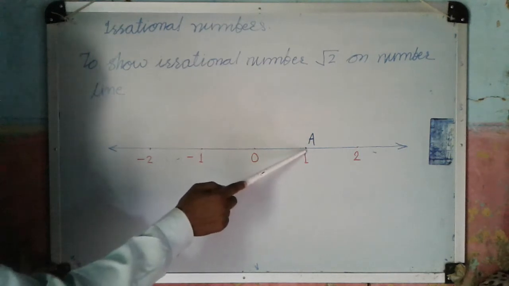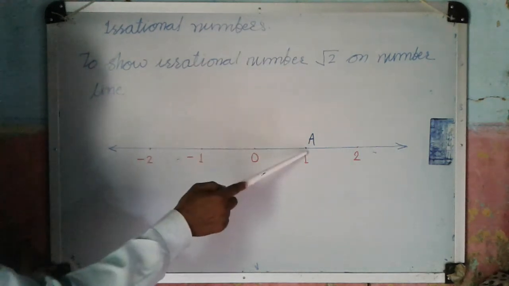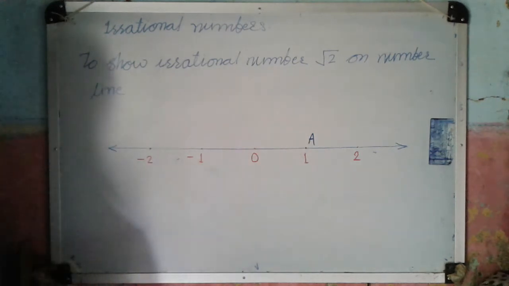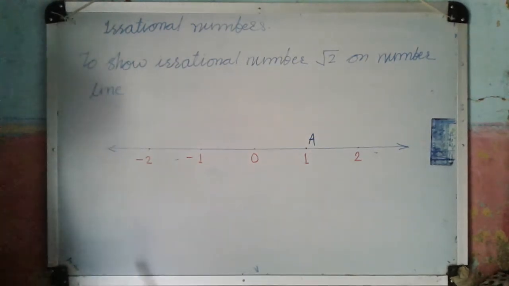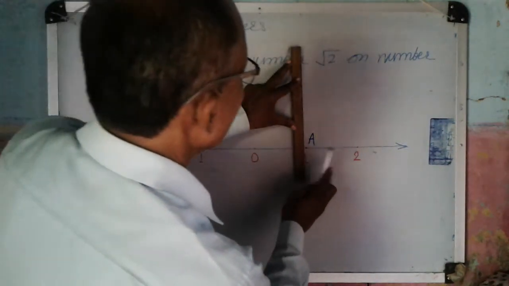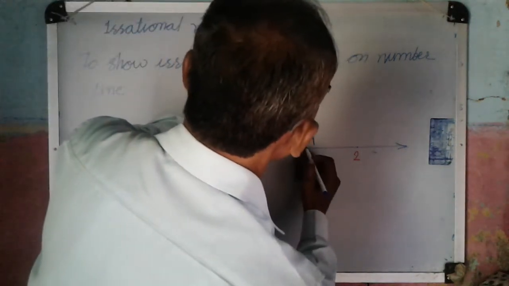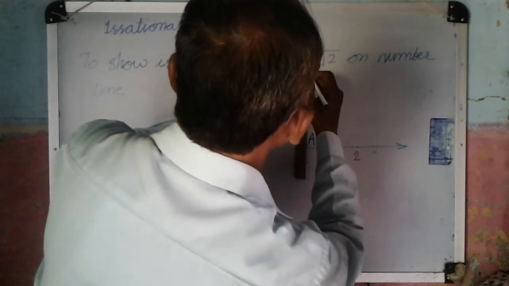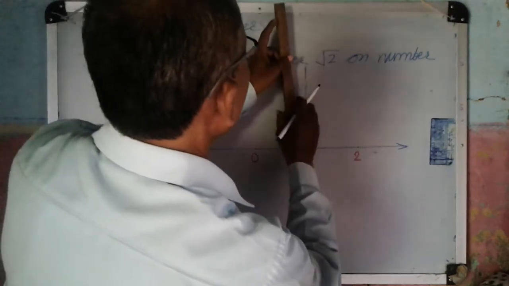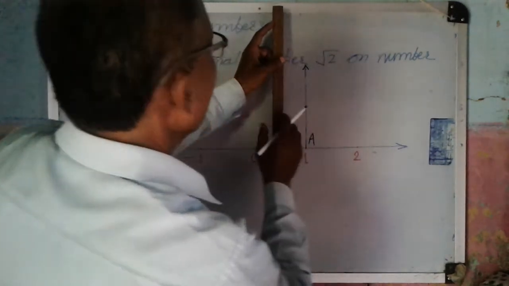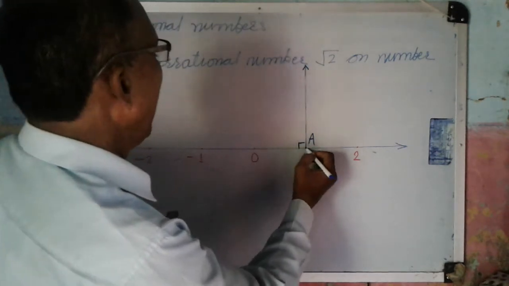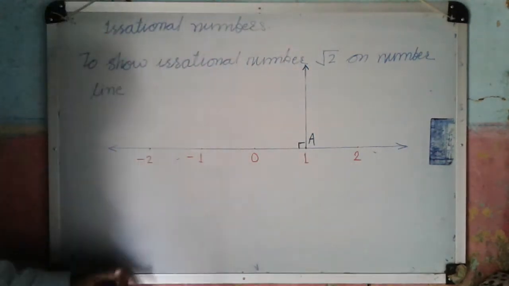For that, draw a perpendicular line at A to this number line. This is a perpendicular line drawn at A to the number line.